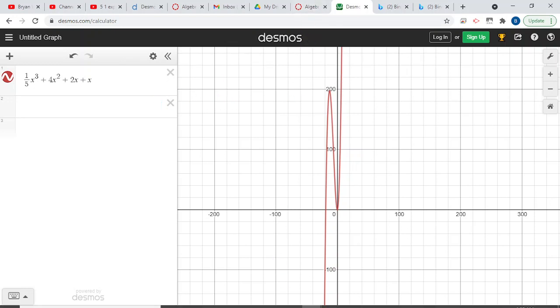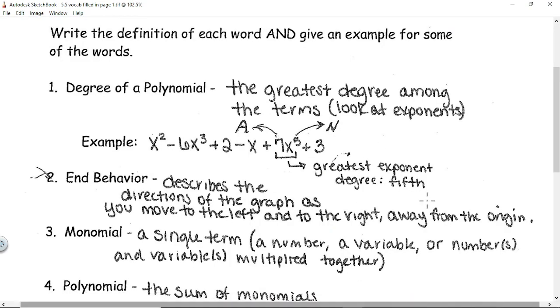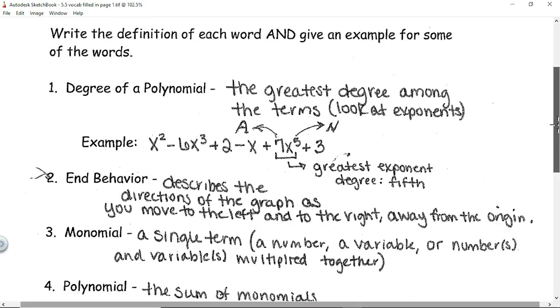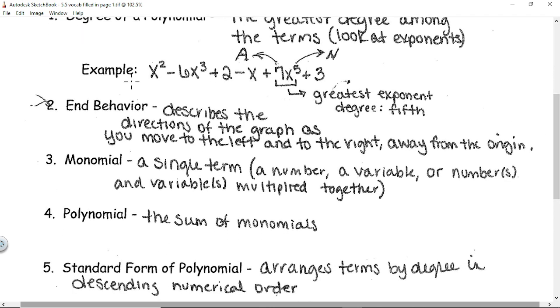Okay, let's go back to our notes. Next we have terminology. Monomial is just a single term, a number, a variable, or numbers and variables multiplied together. We could look at a couple examples. 7.